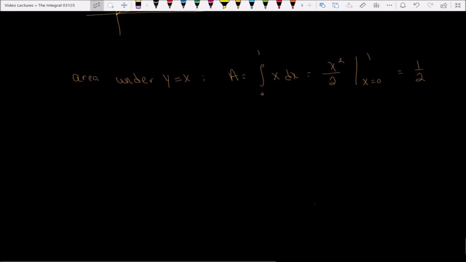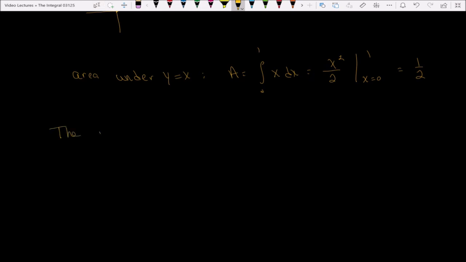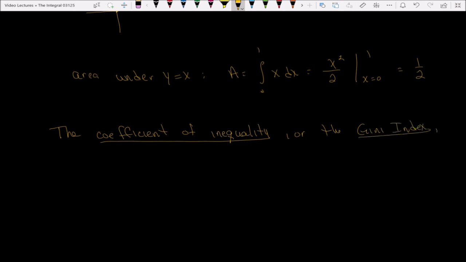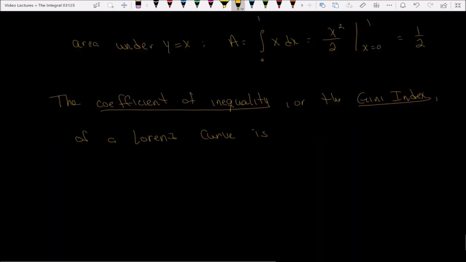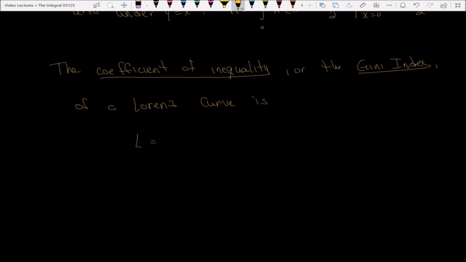We get the following result. The coefficient of inequality, also known as the Gini Index, of a Lorenz curve, we call it L, equals twice the integral from 0 to 1 of x minus f of x dx.